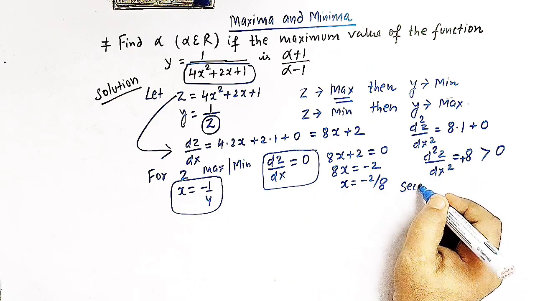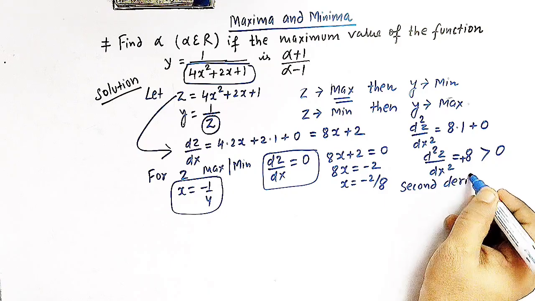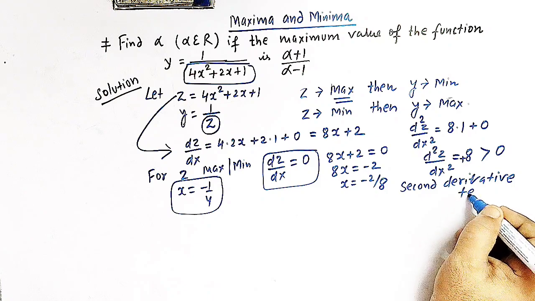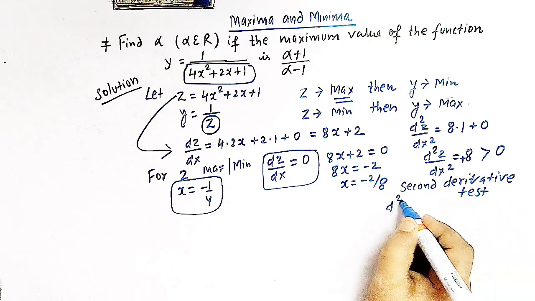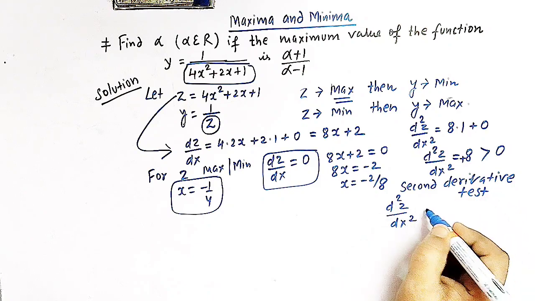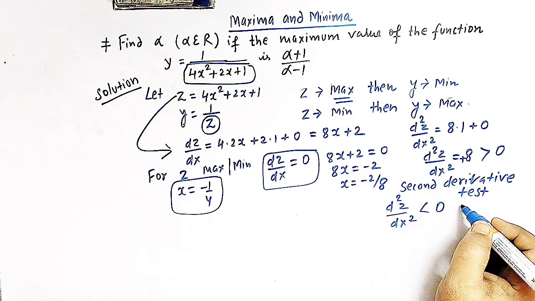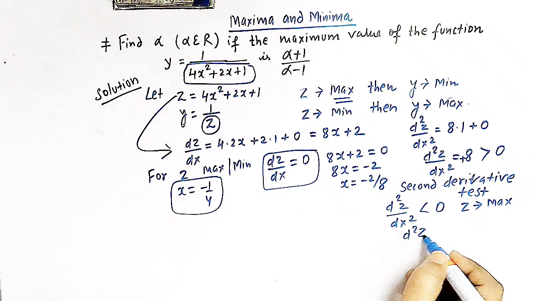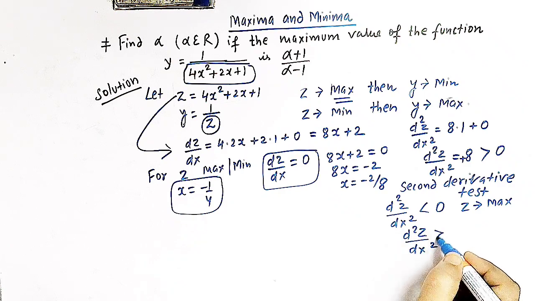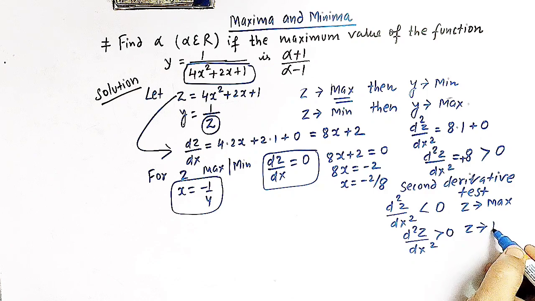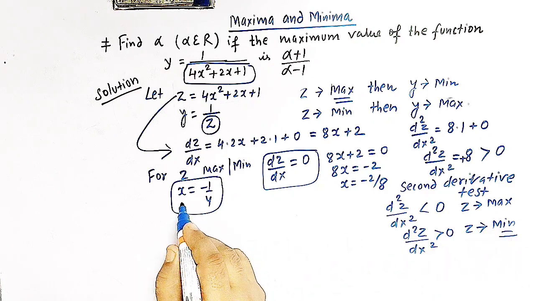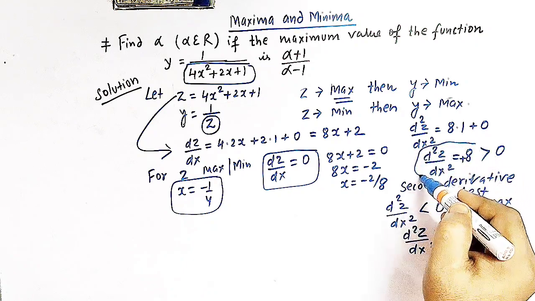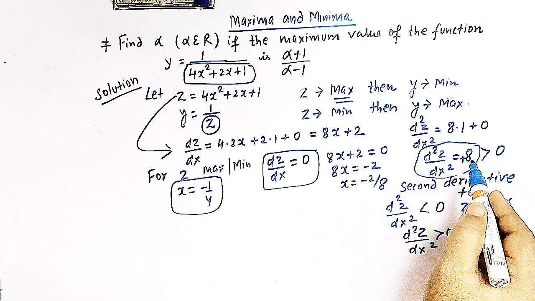So the second derivative test states that if the second derivative is less than 0, that is negative, then z is a maximum, and if the second derivative is positive, that is greater than 0, then z is a minimum, right? So let us take x equal to -1/4 in this expression, that is the second derivative is equal to 8.